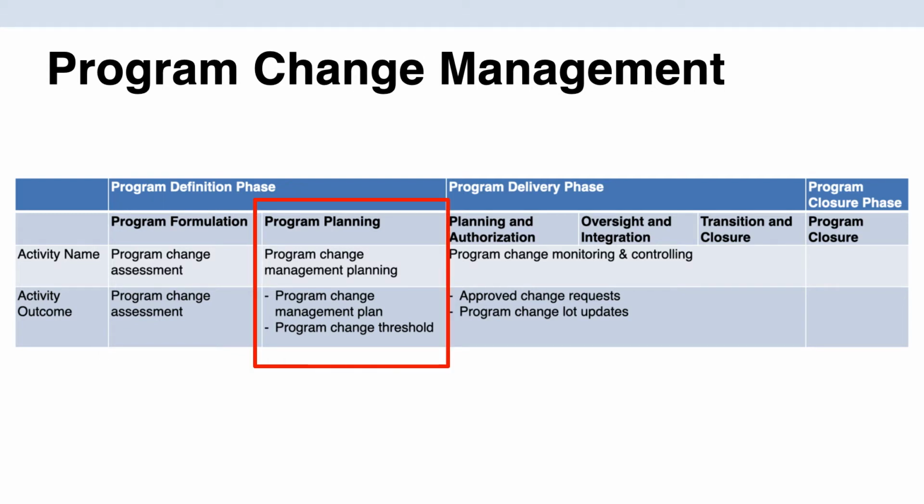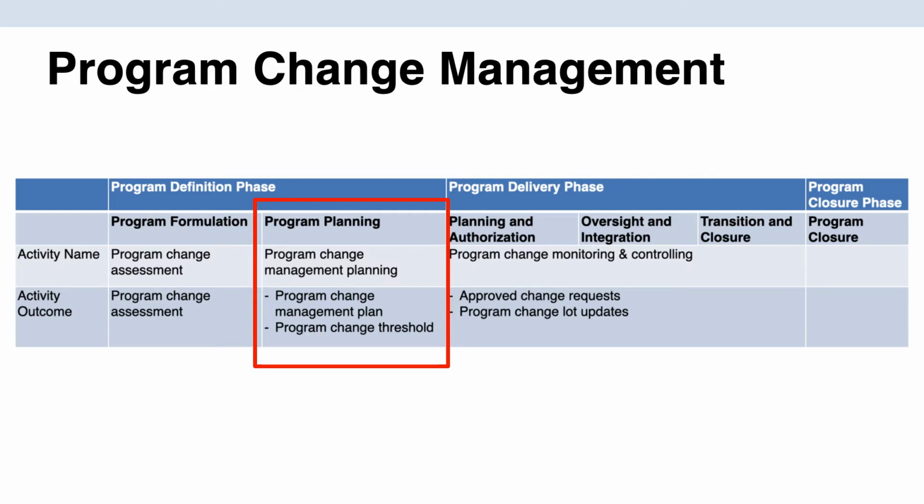During the program planning subphase, the program change management activity happens and it produces the program change management plan and the program change threshold. This program change management plan is one of the components of the overall program management plan, and this document establishes the program change management principles and procedures.